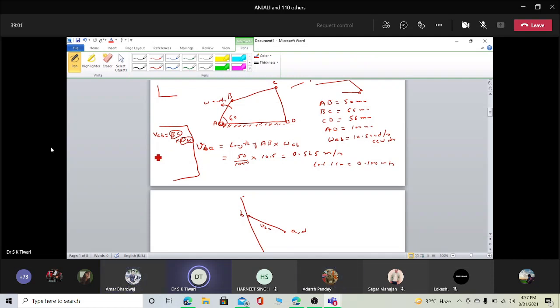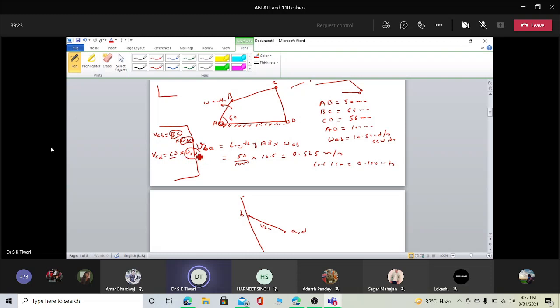So if I'm interested in finding out the velocity of C with respect to D, from the formula, the length of the link, that is CD, multiplied by the angular velocity of this link, omega CD. Again there is the problem. I know this, but I don't know omega CD.